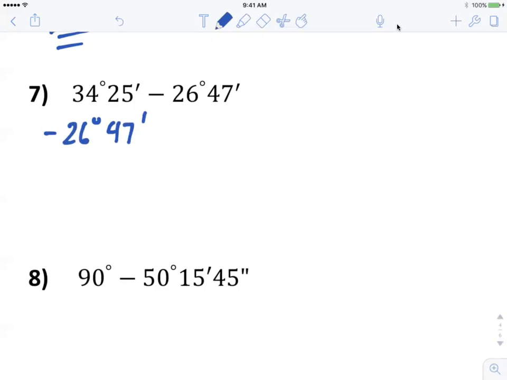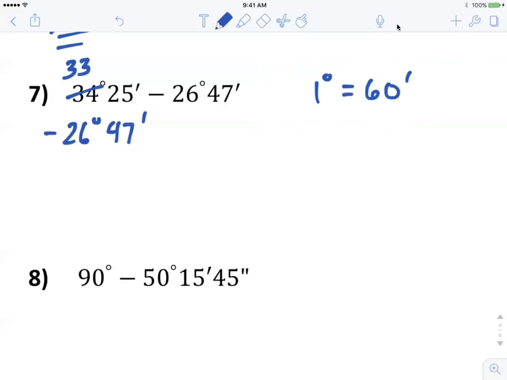So here I'm going to have to borrow. I'm going to cross out the 34 and put a 33. Now I have a degree that I can carry over to the minutes column. The 1 degree that I'm borrowing is the same as 60 minutes, right?